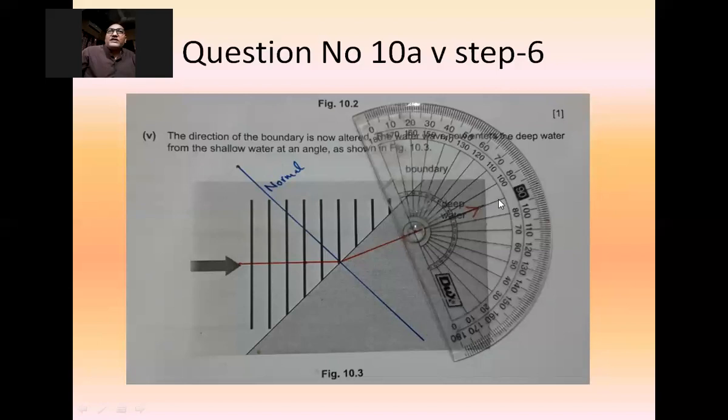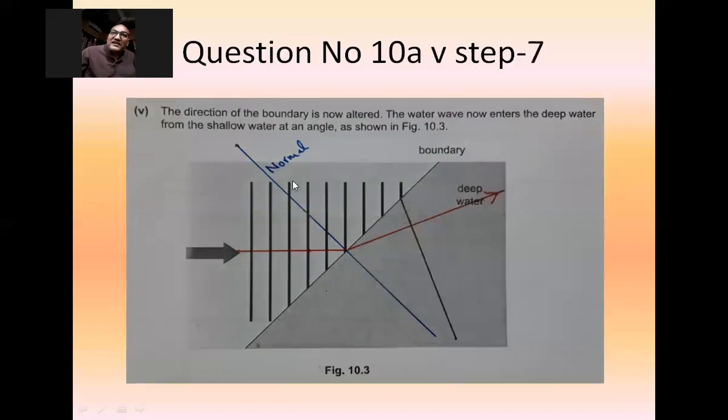I will put the protector on that line in such a way that it exactly coincides with the 90-degree line. Now I will move this protector a little towards this side. When this edge of the protector coincides with this wavefront, where it touches the boundary, here with the pencil I will draw a line. So you can see that I have drawn this line.